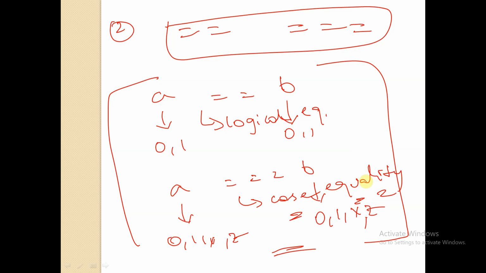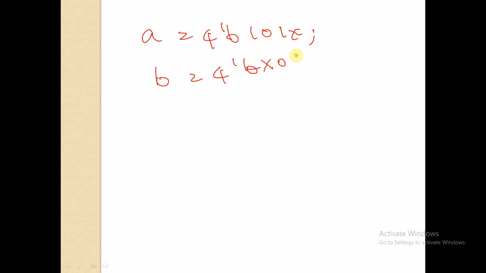So what if A values are X or B values are X in logical equality? What will be the output? It will be unknown, so X. Suppose A is equal to 4'b101x, and B value is equal to 4'bx01z, and we are using logical equality.